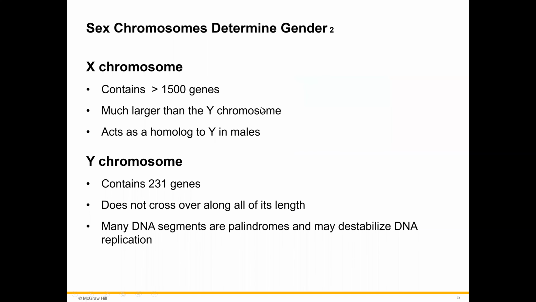Now, the X chromosome contains more than 1,500 genes. It's much larger than the Y chromosome and acts as a homologue to Y in males. The Y chromosome contains only 231 genes, so you can see the difference between the number of genes on the X and Y chromosomes. The Y chromosome does not cross over along all of its length, and many DNA segments are palindromes.